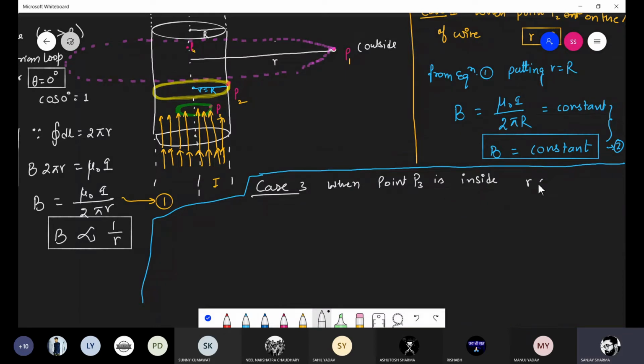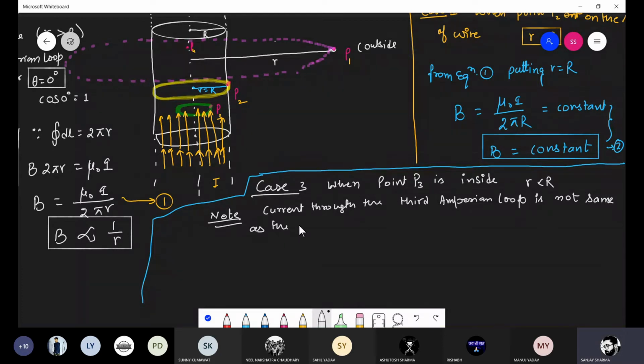So small r is less than the capital R. Current through the third Amperian loop is not same as the previous loop. सो उस करंट की वैल्यू को हमें कैलकुलेट करना पड़ेगा.